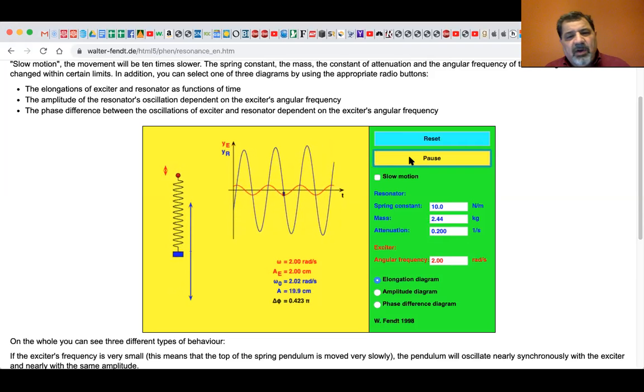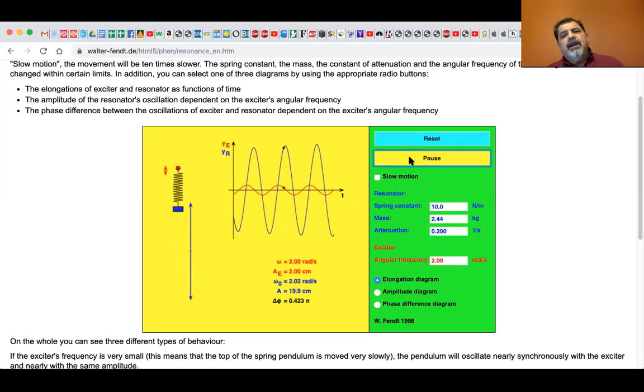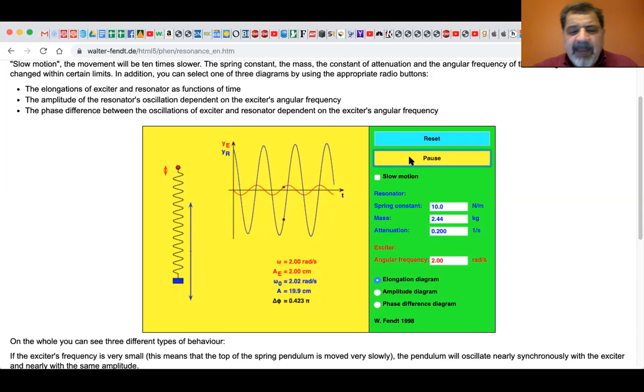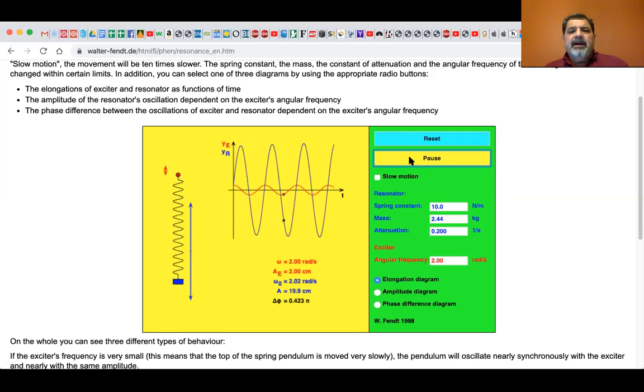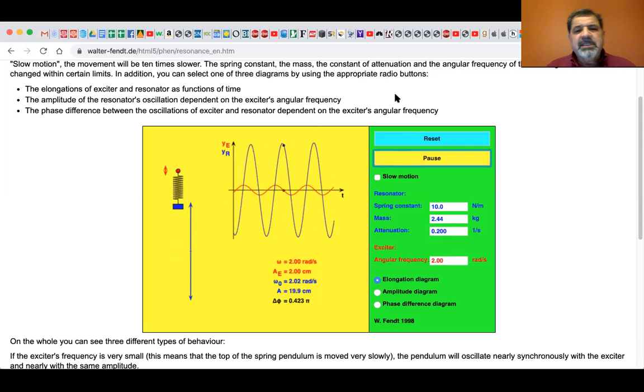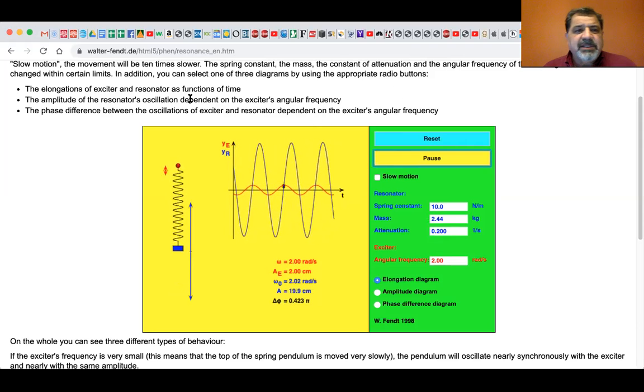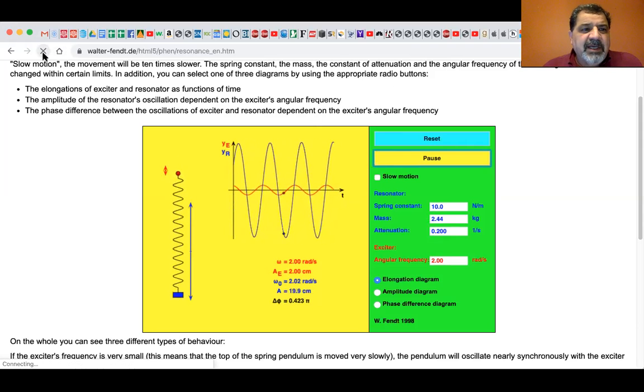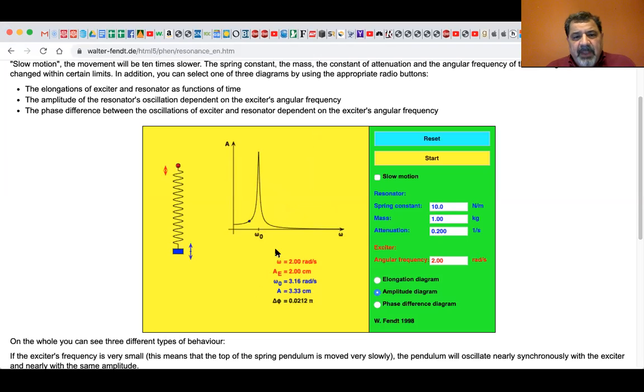Now I can go through all of these in an amplitude diagram, and you can see where the resonance is. Let's reset it by reloading, and now it's the amplitude diagram.